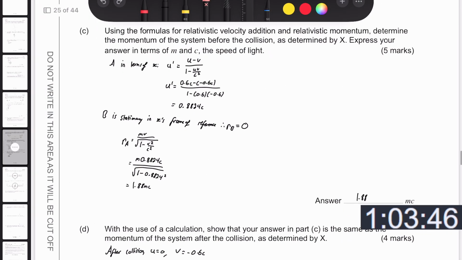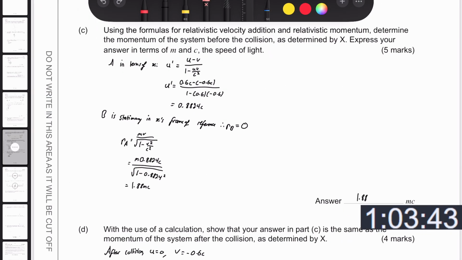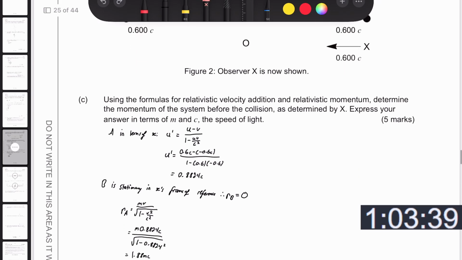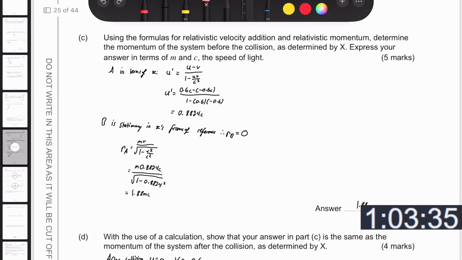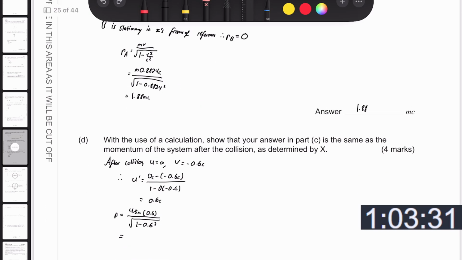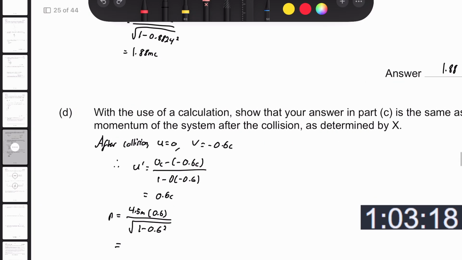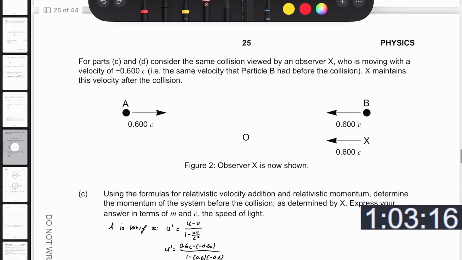No, that's fine. 3/8 after the collision determined by x.